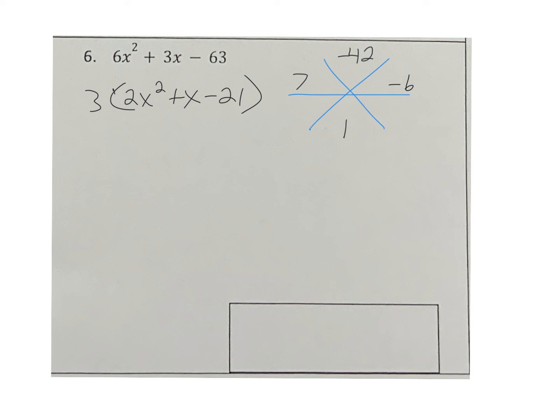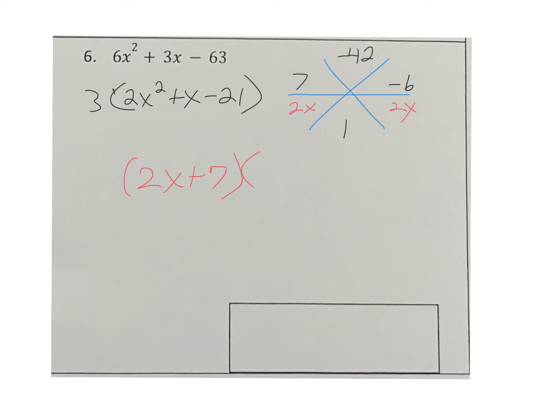And remember this little snowflake method, we take the coefficient of the x squared term, considered as our denominator, 2, and that's what goes with the x. In this first one, 2x plus 7, that is already simplified. There's no common factor, so that will be one of our factors, 2x plus 7.